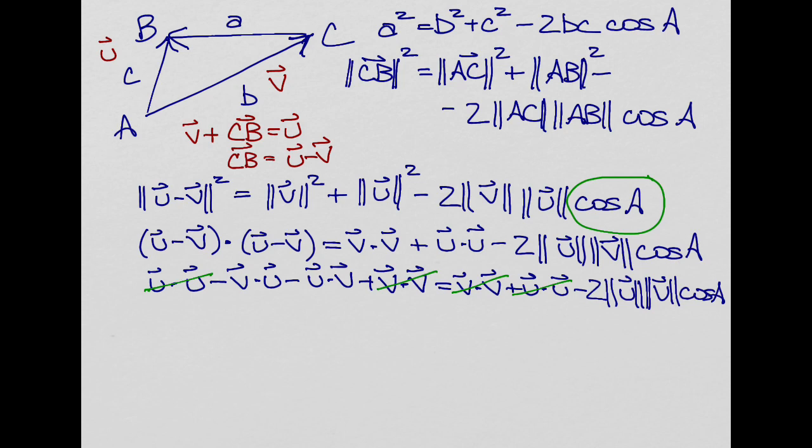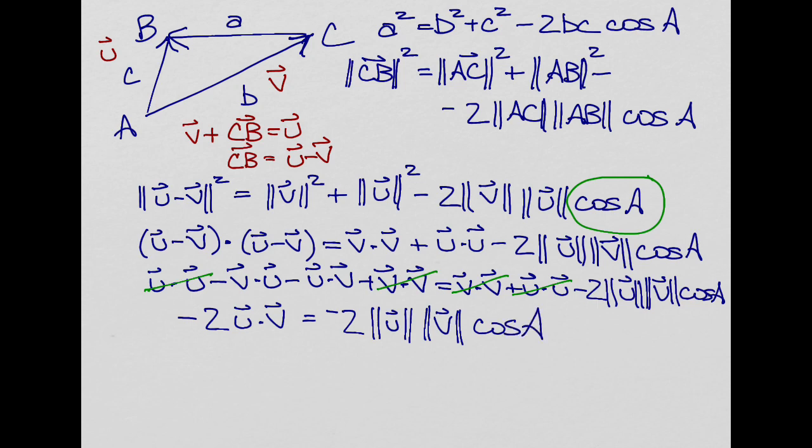Dot products are commutative, so v dot u and u dot v, same thing. So I can combine those and say there's 2 of them. 2 times, or negative 2 actually, u dot v, oh, that's all that's left on that side, equals negative 2 times magnitude of u, magnitude of v, times the cosine of a, and we're actually almost there, because now I have negative 2 on both sides.